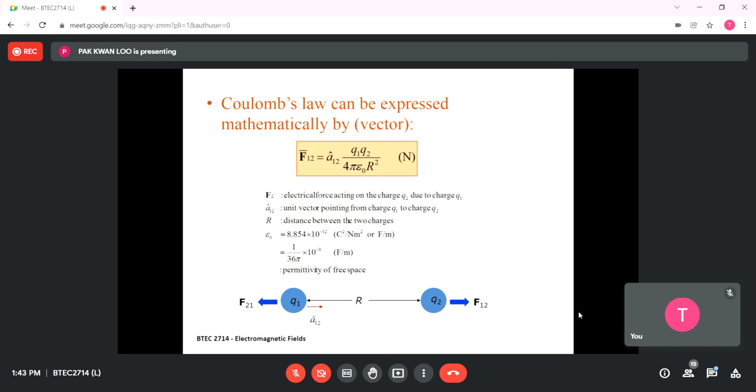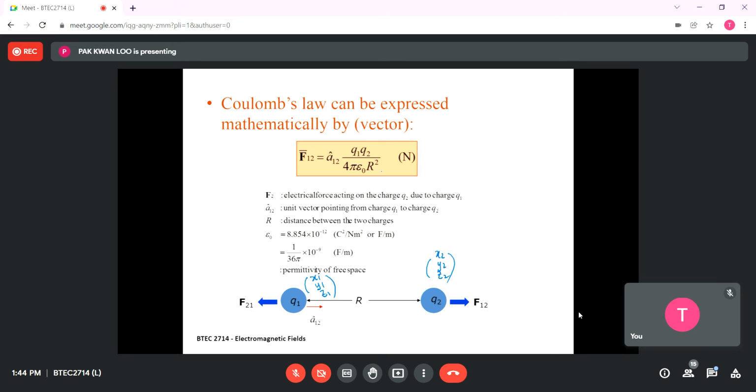The location of the point charges has to be given in three-dimensional space, x, y, z. For example, Q1 is at x1, y1, z1 and the location of Q2 is x2, y2, z2. So in matrix notation, this is a vector.